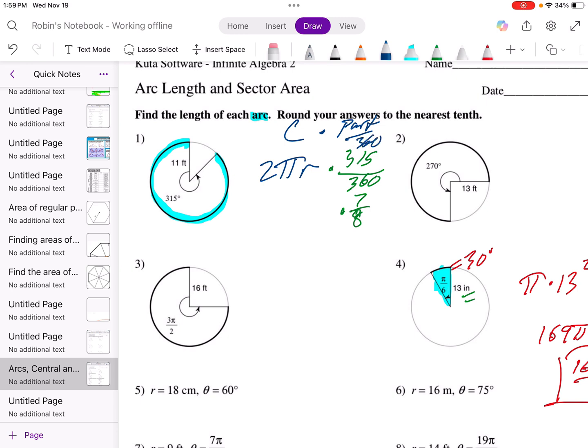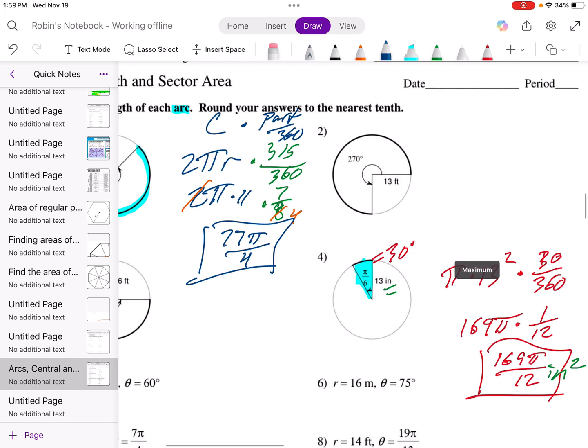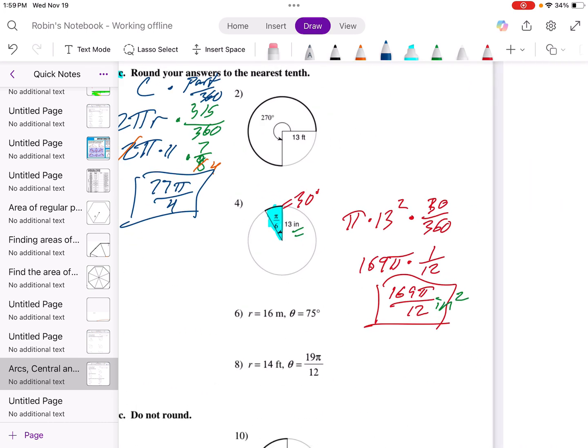So I have 2 times pi times 11, so 77 times 2. Well, actually, do that whole simplify early, simplify often thing. So I'm going to have 77 pi over 4. I'm going over here, swap that out. This should have been 2 times pi times 13.